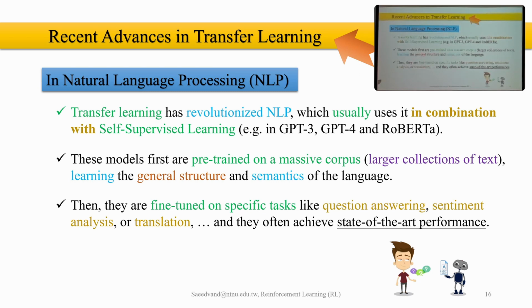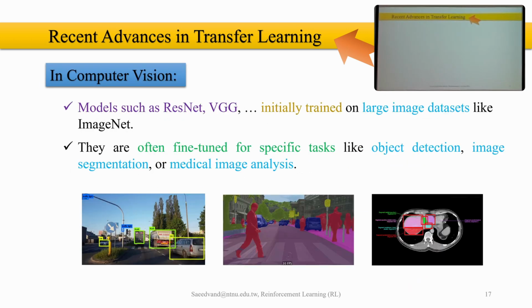Then you can fine-tune for a specific task, for example question answering, sentiment analysis, translation, and all other things that you may need. And usually they show state-of-the-art performance, because we already trained the concepts with NLP, and now we want to do different tasks, so we can use transfer learning based on that to solve the problem.